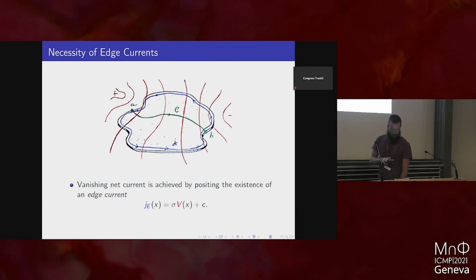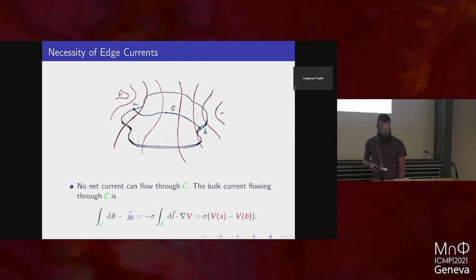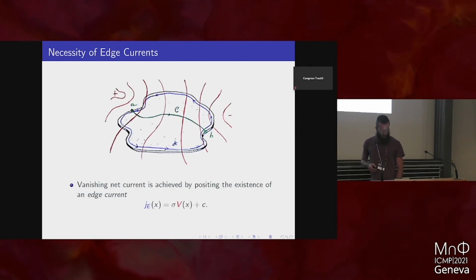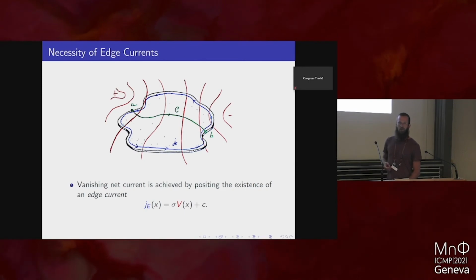If you then add this current to the previous equation, you will see that again there will be no charge building up anywhere in the insulator, which is the situation that we want. So the existence of such an edge conductance would solve our problem. Now we could think a bit about possible mechanisms for how such an edge current could exist in such a system.